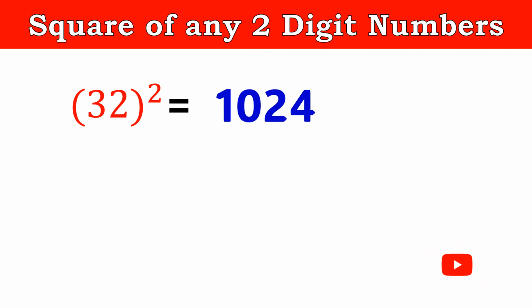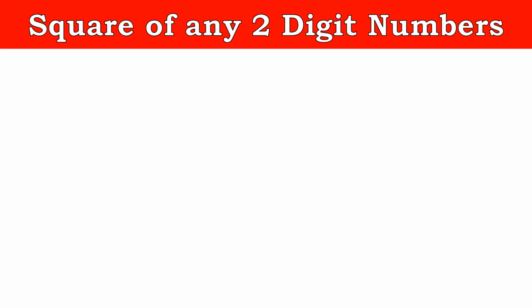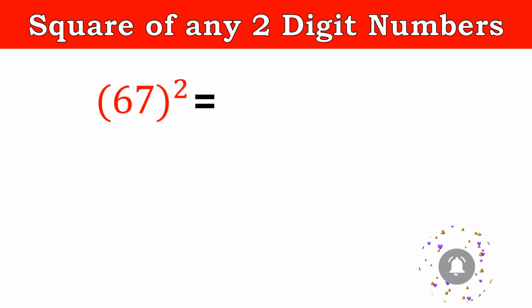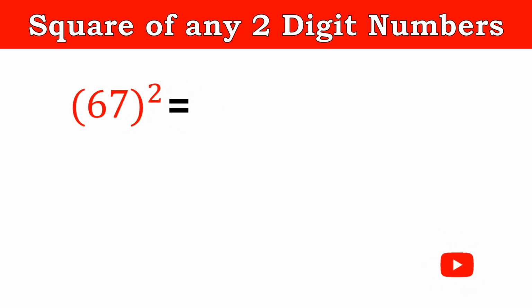Let's take a look at our third example. This one is quite a bit larger, and this is 67 squared. Now, we'll do the same thing that we did previously. So, we start by dividing the answer into three portions. The first part is just the square of 6, which is 36.